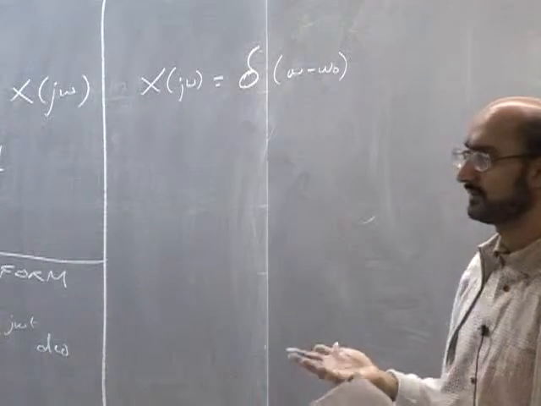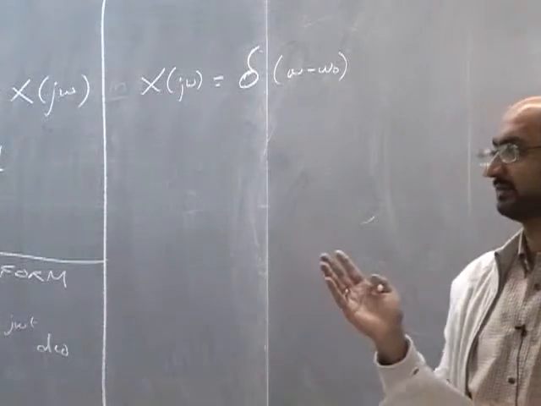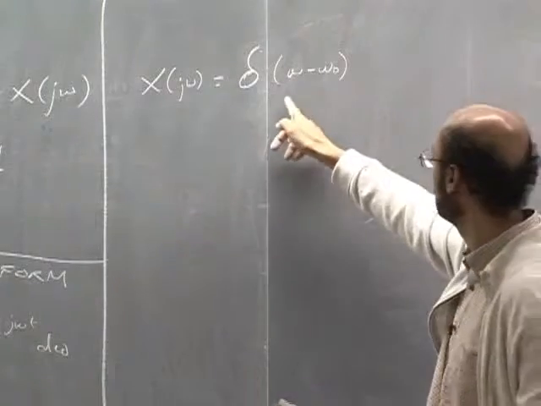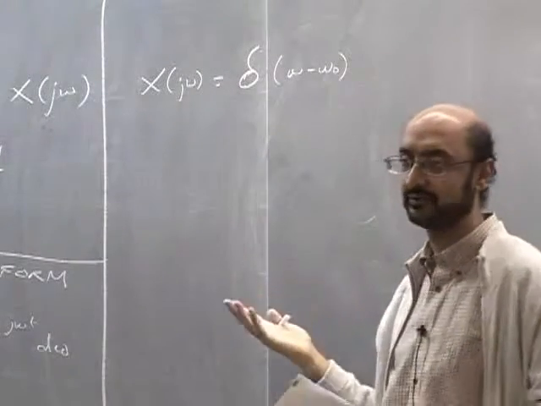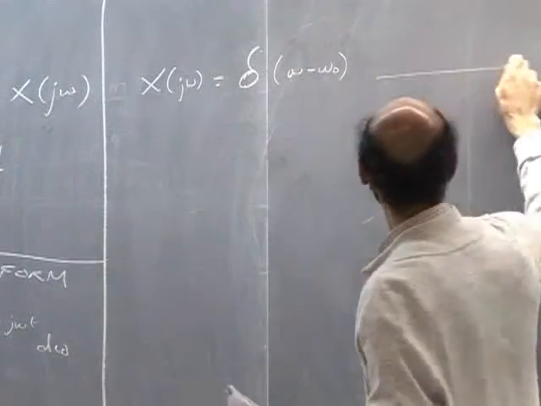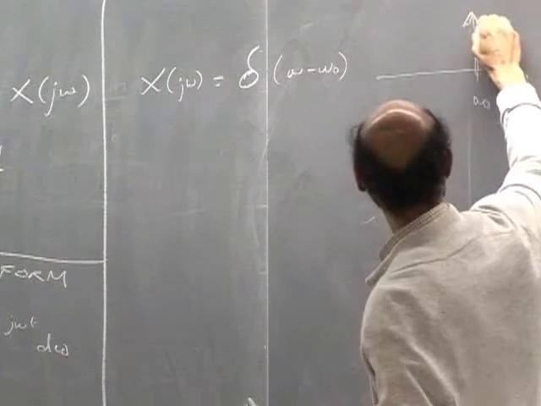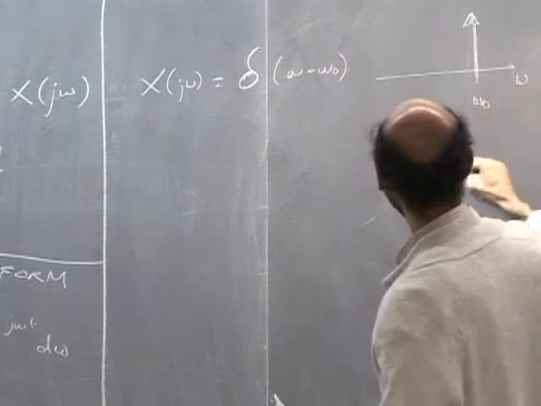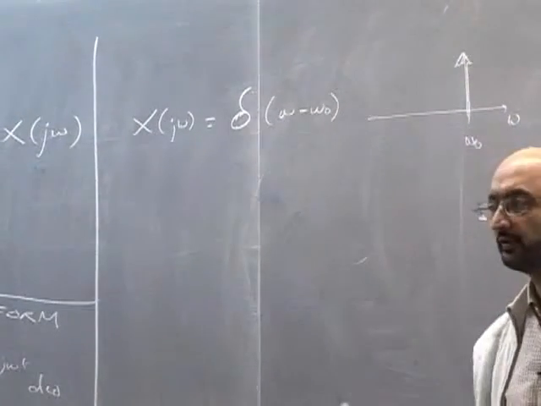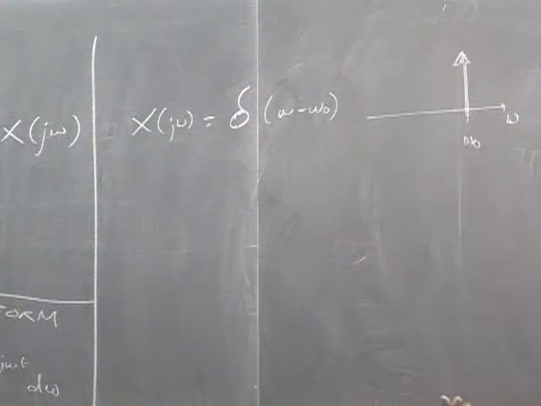Delta omega means that at frequency 0 we have an impulse. In fact, this one is at a frequency of omega naught. So I can just draw this line, and this is omega, and at omega naught I have an impulse.